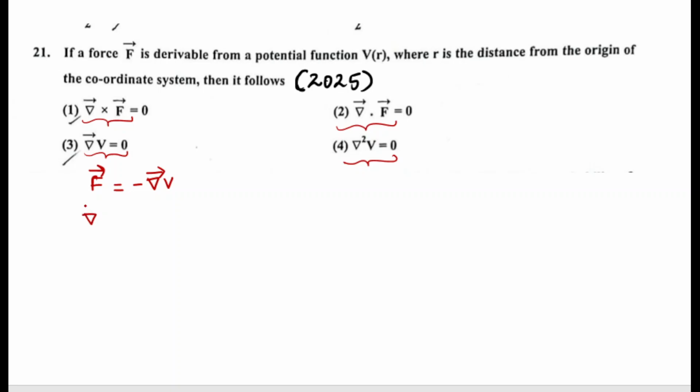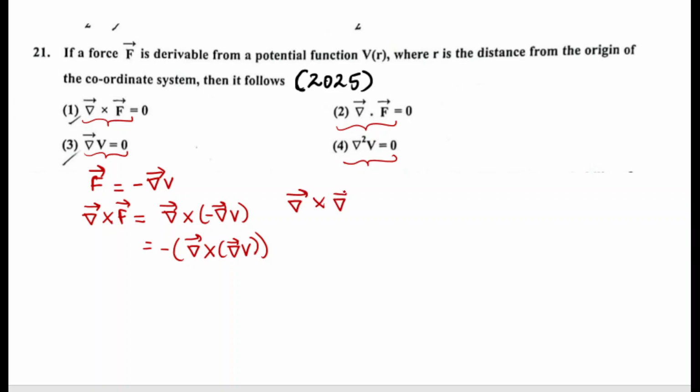Now, curl of F vector is equal to curl of gradient of this potential. What is the value for this? Let us take this minus sign out of this. It will be curl of gradient of V. Now, curl of gradient of V. We have from the vector identities that the curl of gradient of V is equal to 0.